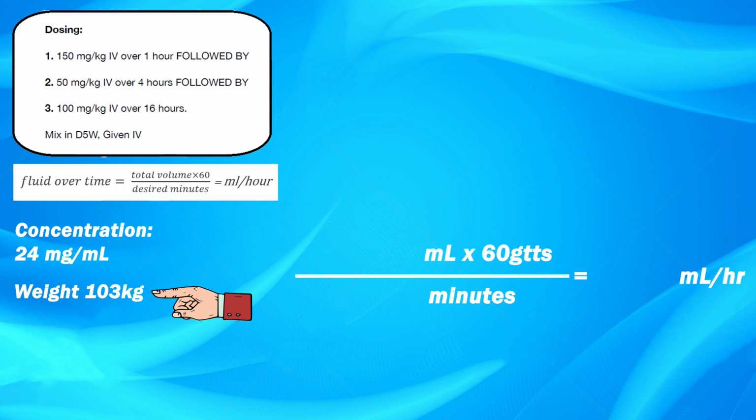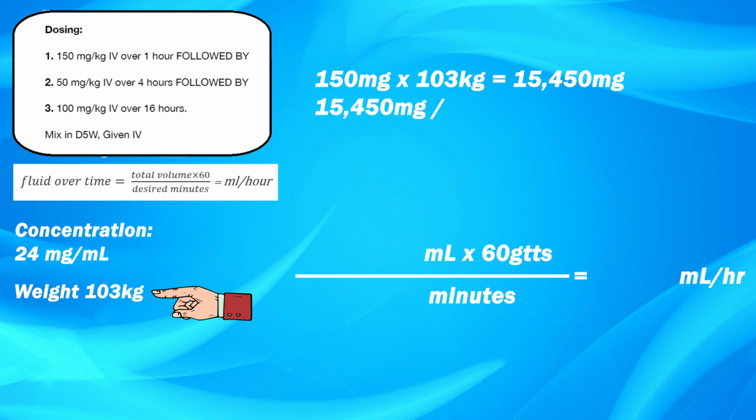If you multiplied 150 milligrams times 103 kilograms, you should have come up with 15,450 milligrams of drug. When you divide that by 24, you should have a total volume of 643.75 milliliters. We're going to plug 643.75 into the formula.